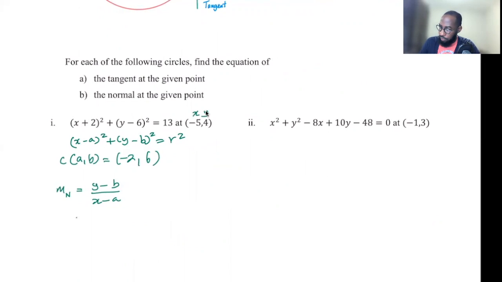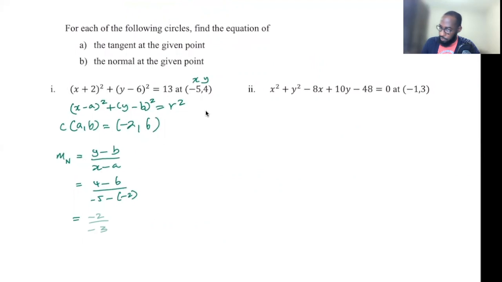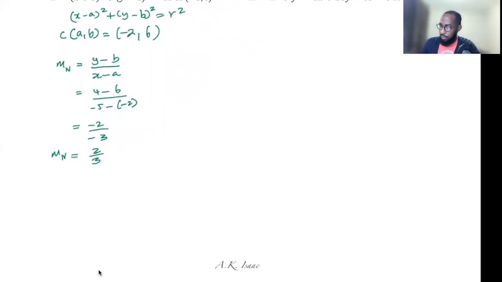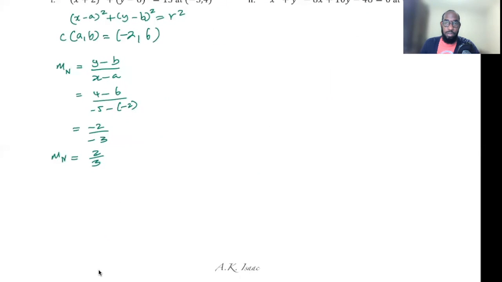So the gradient of the normal will be 4 minus 6 divided by -5 minus -2. So we have 2/3.